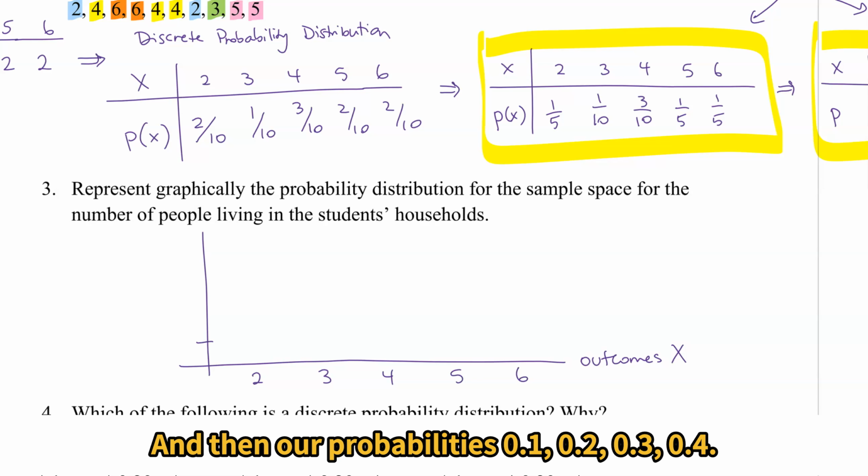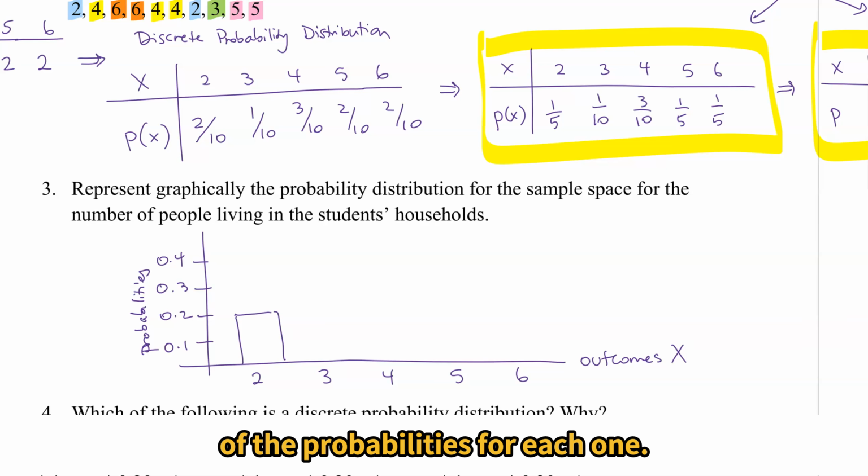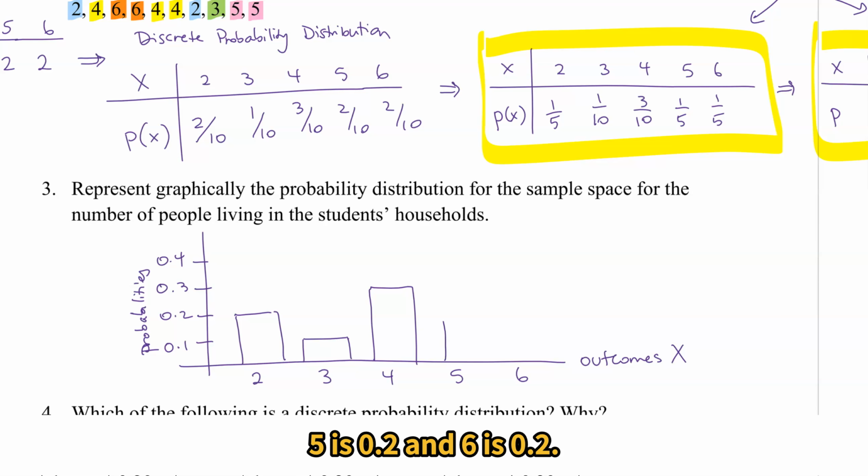And then our probabilities, 0.1, 0.2, 0.3, 0.4. And then our bars are the heights of the probabilities for each one. So 2 is 0.2, 3 is 0.1, 4 is 0.3, 5 is 0.2, and 6 is 0.2.